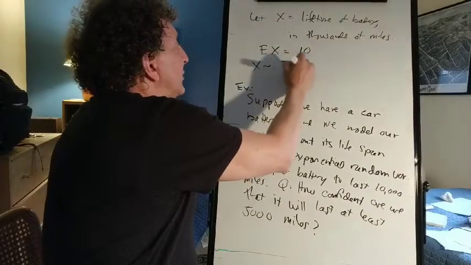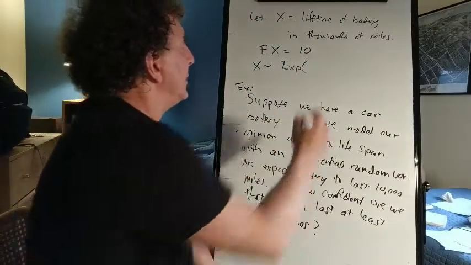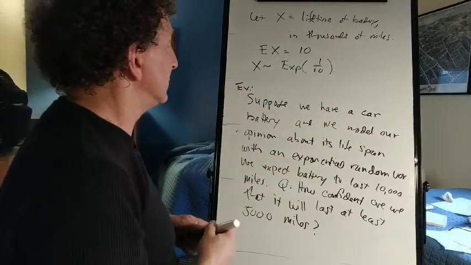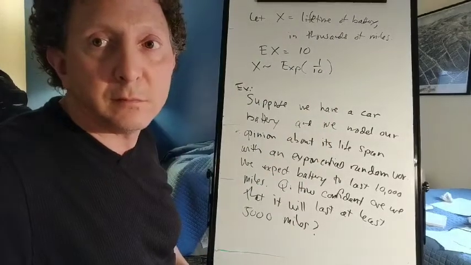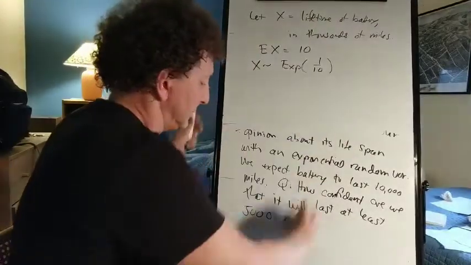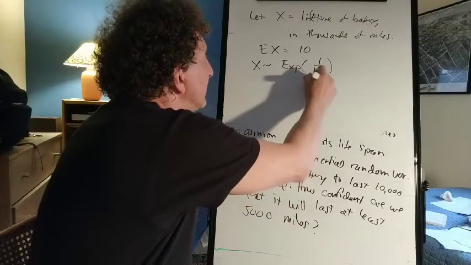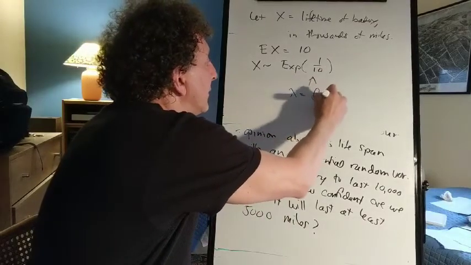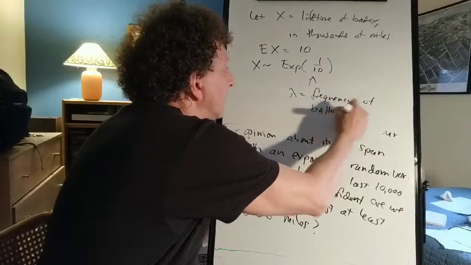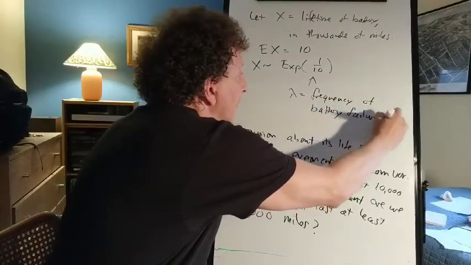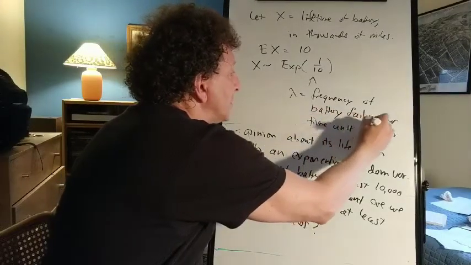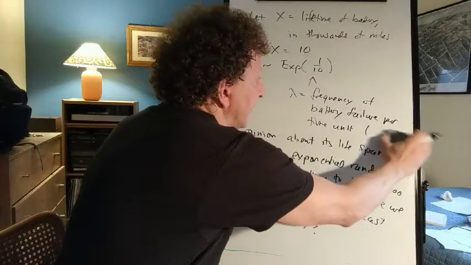And x is an exponential random variable with mean 10, so 1/10 is lambda, which is the frequency of battery failure per time unit, which in our case is 1,000 miles.